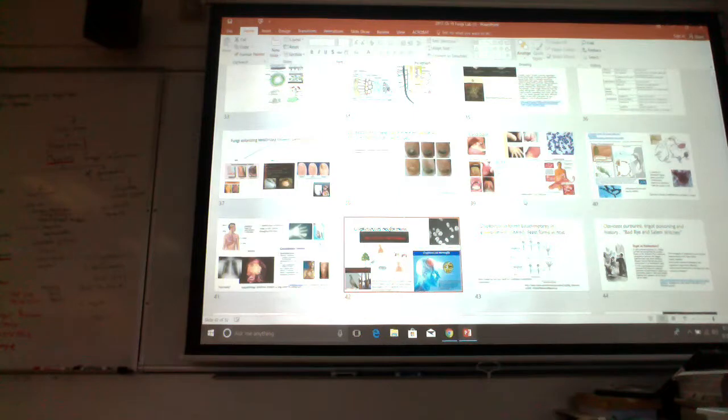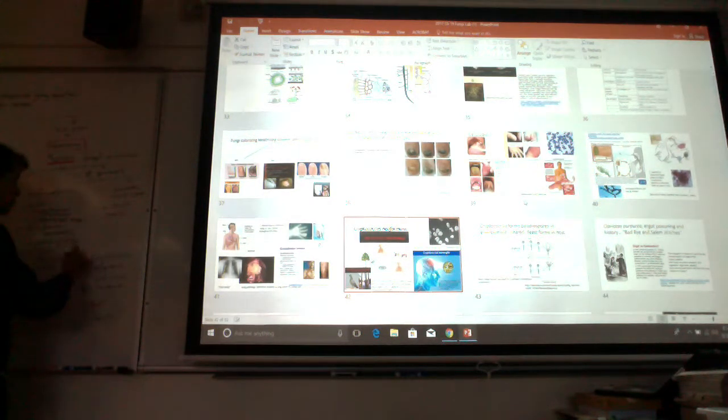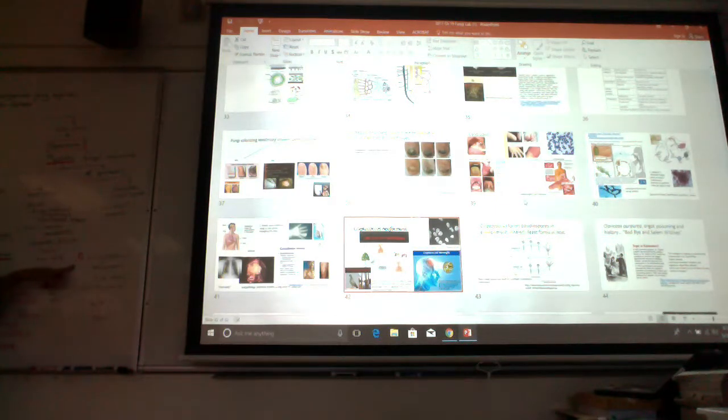So, for Cryptococcus gattii, in the old days, meaning last year, I was telling students that Cryptococcus neoformans was one distinct species of Cryptococcus, and Cryptococcus gattii was a second distinct species. And the original story was Cryptococcus gattii was imported to North America from Australia, right?